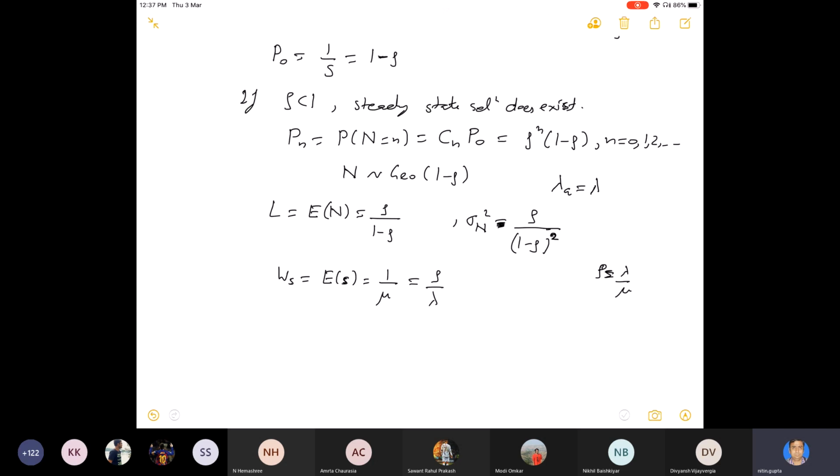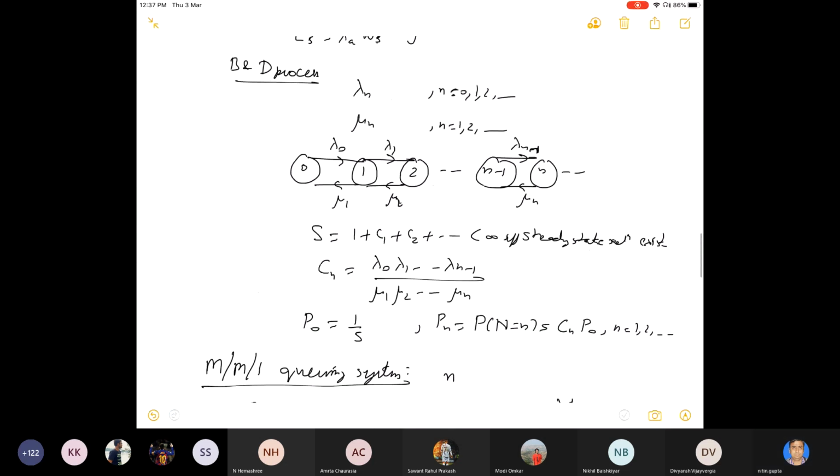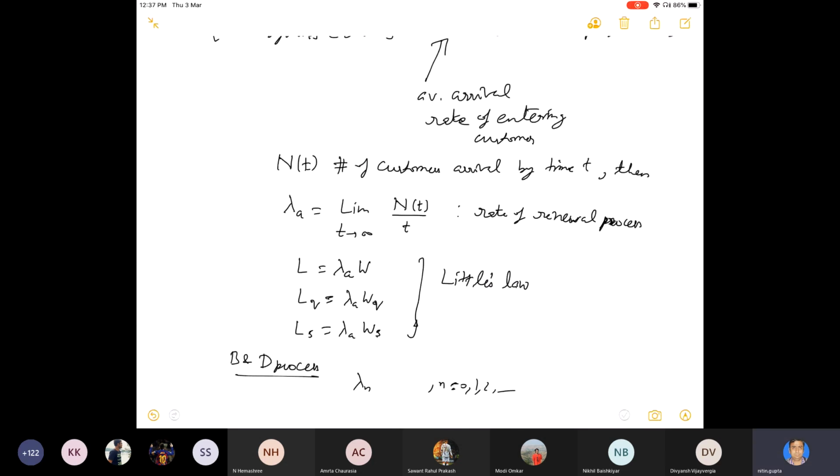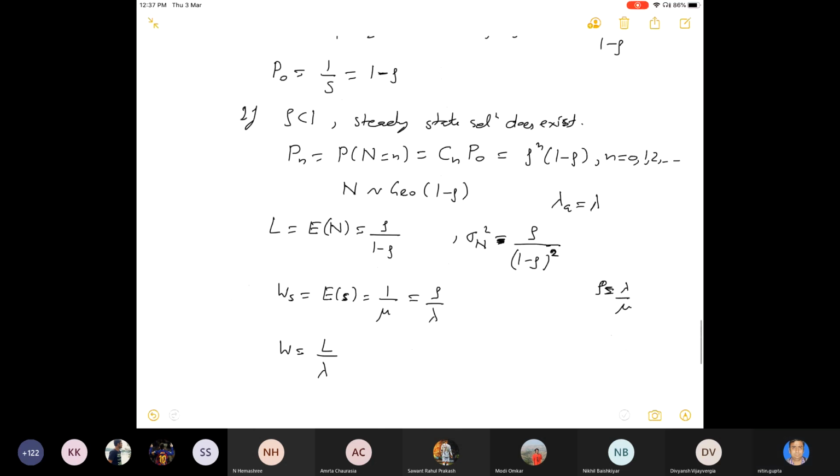By Little's law, W is equal to L by lambda A. Lambda A is lambda, because we know that L is equal to lambda A W. Lambda A is lambda. So W is equal to L by lambda.